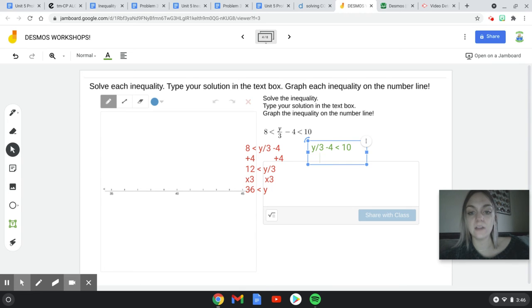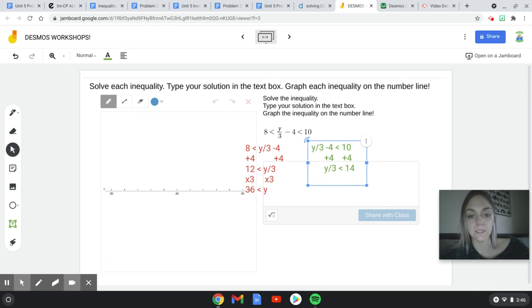Now I'm ready to move on to my green piece. Again, the first thing I've got to do is get rid of this 4 because I need to get y by itself. So I'm going to end up with, I'm shifting this over, y divided by 3 is less than 14. Again, if I'm dividing by 3 and I need to get rid of this 3, I need to multiply by 3.